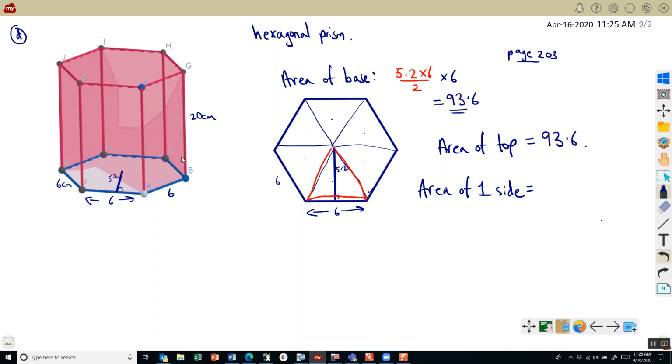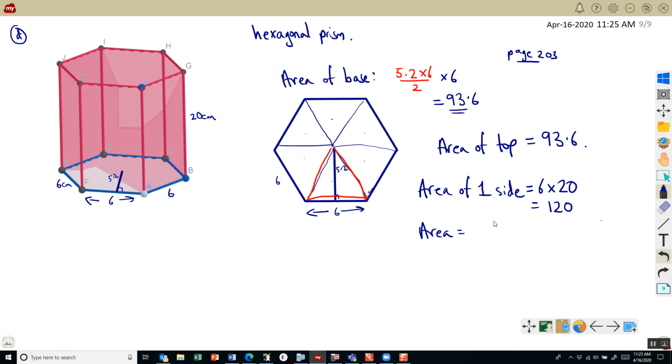So they're all exactly the same. And they are all what type of shape? They're all rectangles. So it's going to be 6 multiplied by 20. And that gives me 120. So that's the area of one of the sides. Now, how many of them are there? Well, there's 1, 2, 3, 4, 5, 6.